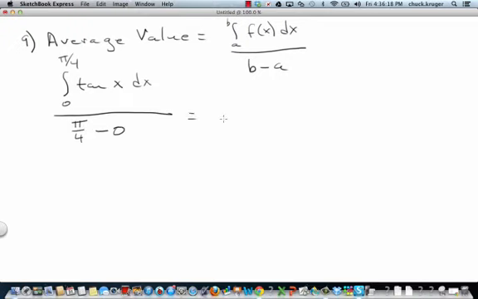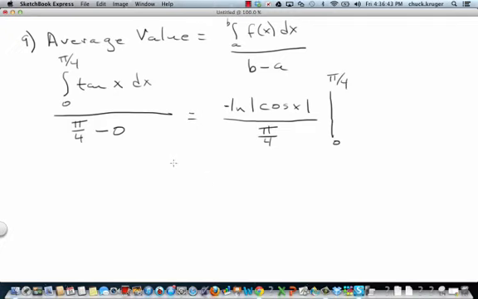Well, on the bottom, that's going to give me pi over 4. And from a previous problem, we know the antiderivative of this. I believe it was the negative natural log of the absolute value of the cosine of x, and that's evaluated from 0 to pi over 4.